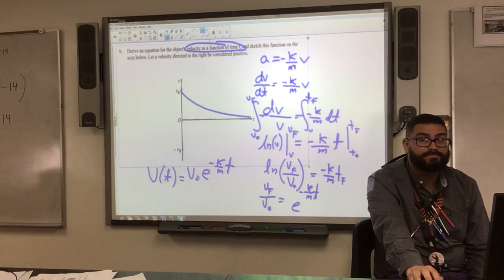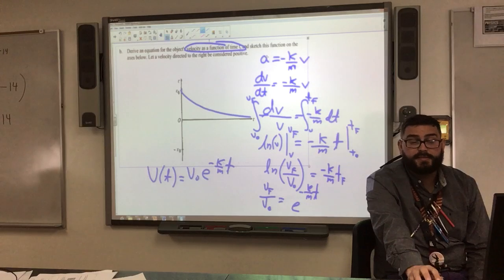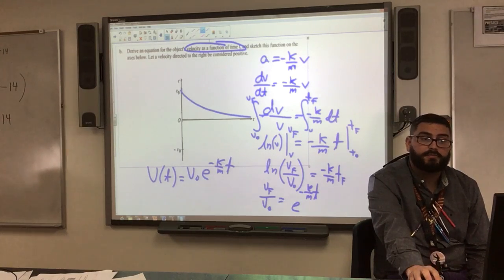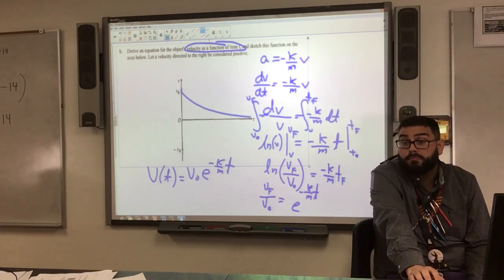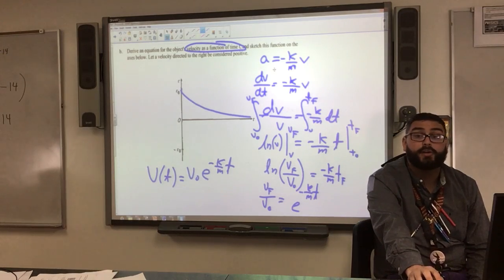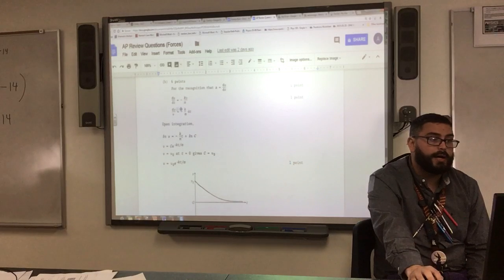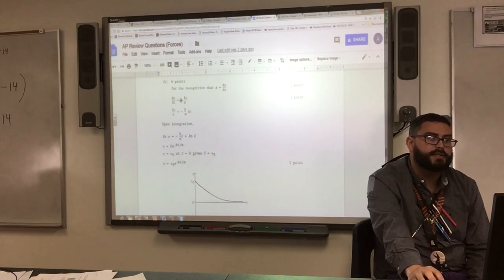It's the same thing as our previous situation. You said A equals that and dv dt equals, so this might be one of those situations where the grader might be lenient. I'm trying actually this summer to be a grader, so I'll have more first-hand experience, hopefully. Okay, 1 point for saying dv dt equals negative kv over m.